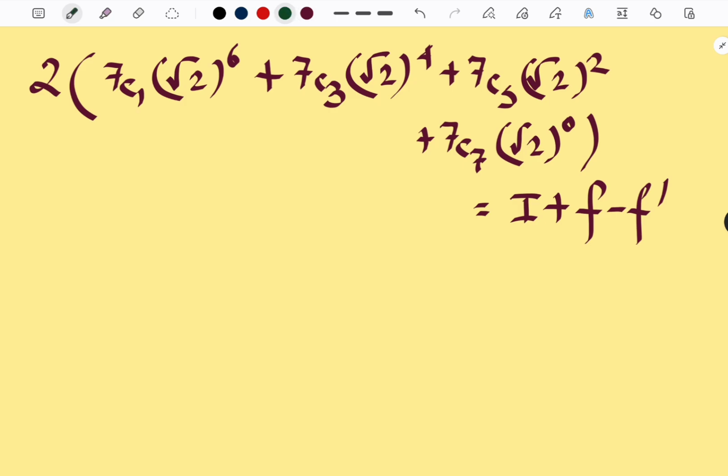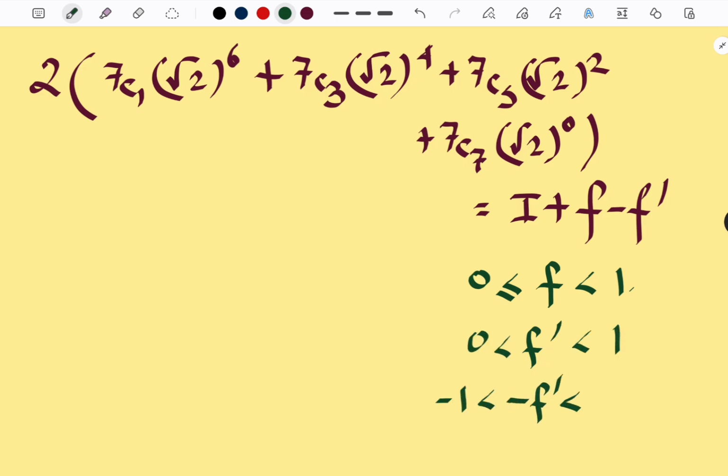Now check out one thing. I told you f is from 0 to 1 and f' is from 0 to 1, so minus f' will be from -1 to 0. Just change the sign of the inequality when it is multiplied by a negative sign. So adding, f minus f' will lie from -1 to 1.